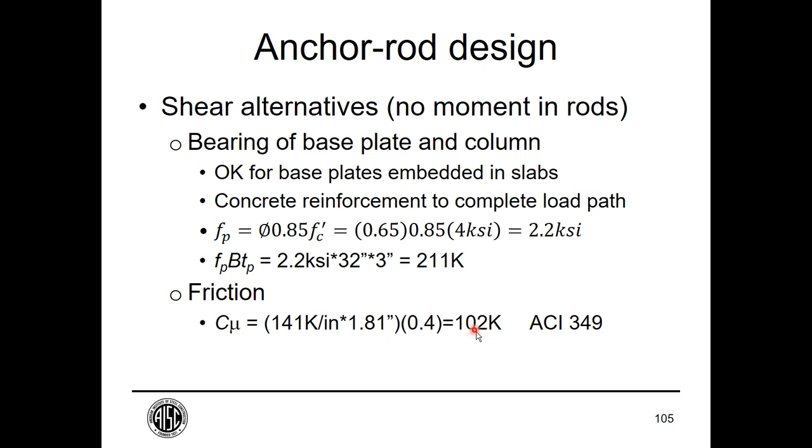That was over a couple of hundred kips. And then if we have a coefficient of friction of 0.4, that gives us 102 kips of shear capacity, which is sufficient for our design. So we've got a couple of very easy load paths available to us.